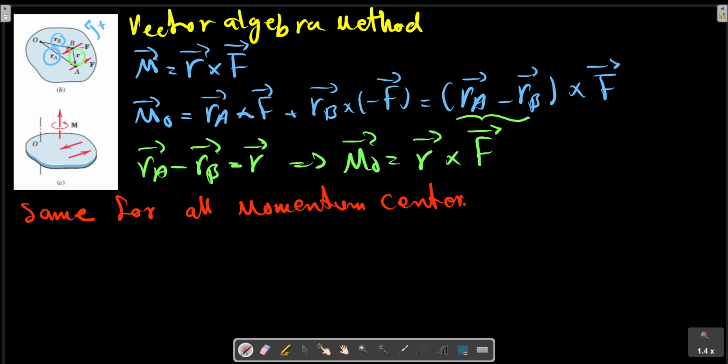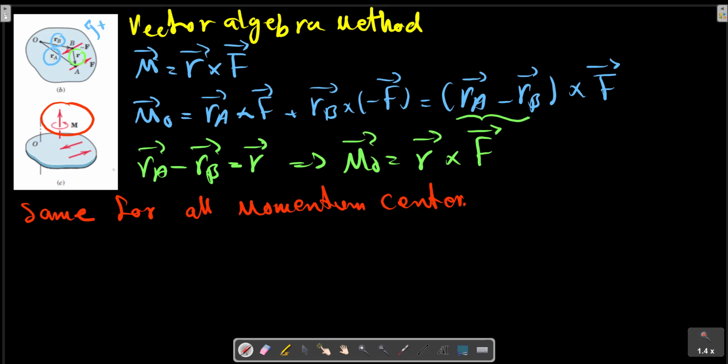Thus we may represent M by a free vector as shown in the picture here, where the direction of M is normal to the plane of the couple and the sense of M is established by the right-hand rule.